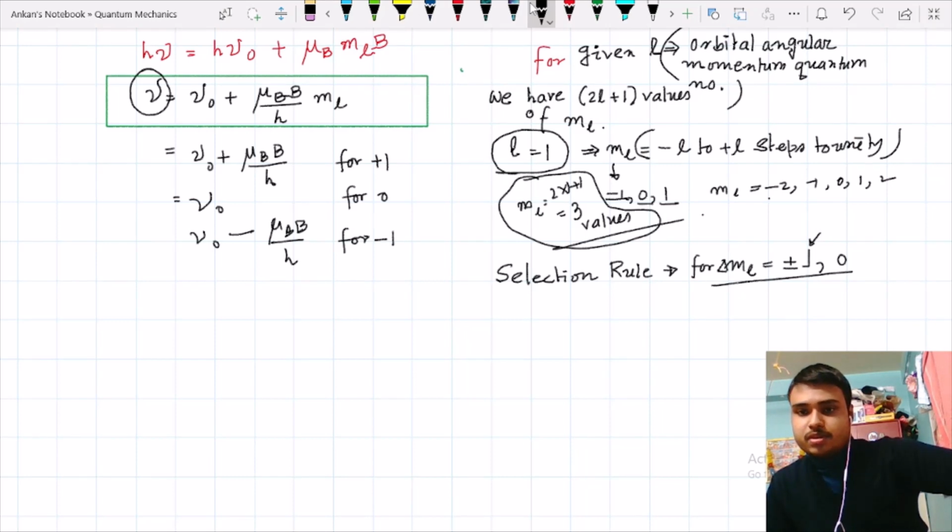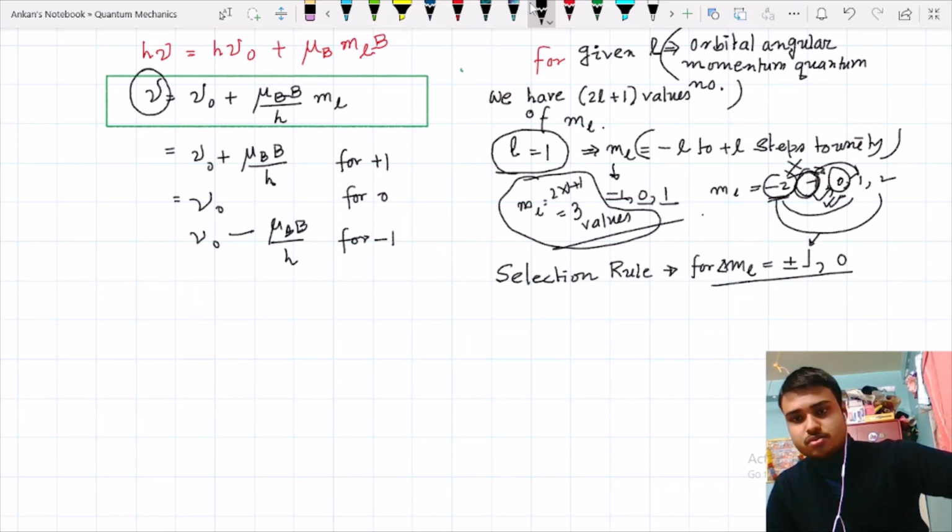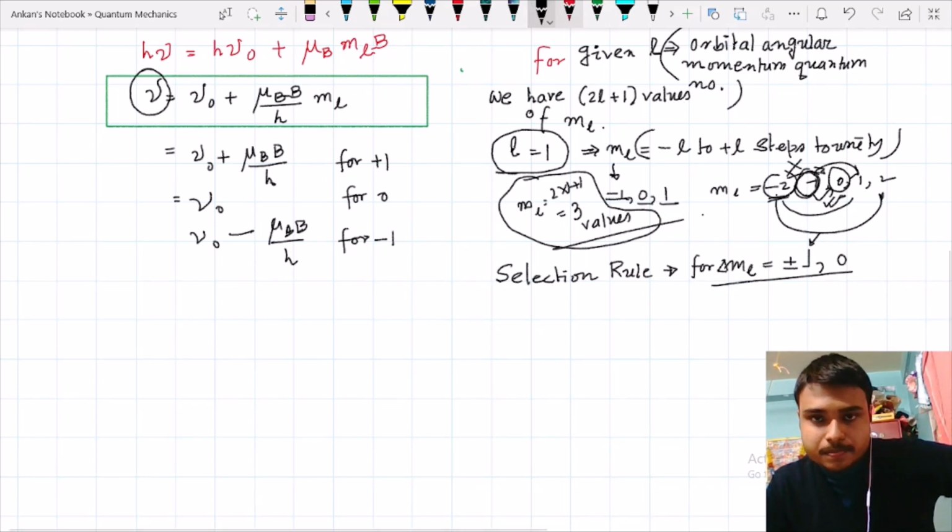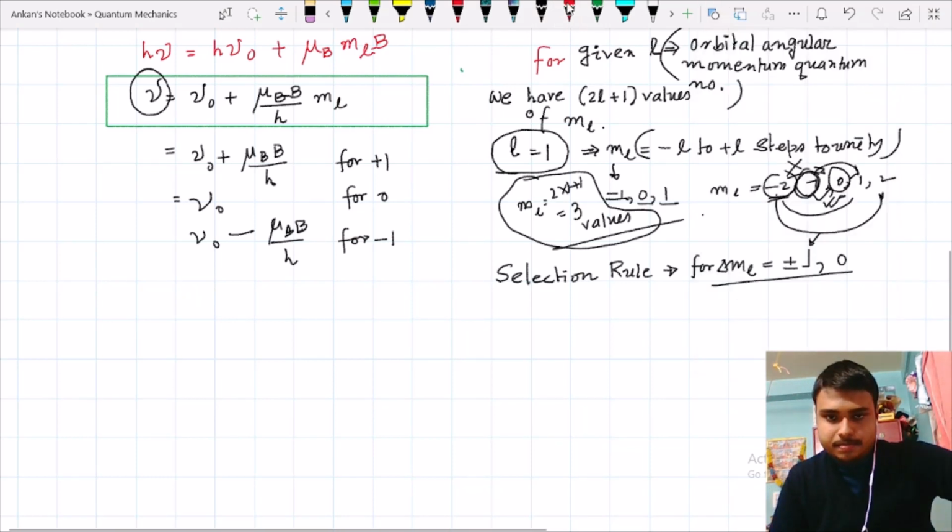If the difference between 2 ml values is, suppose, minus 2 and 0, there is a difference of 2 or minus 2, and this transition is not allowed. Whereas minus 1 to 0 is allowed, minus 1 to 1 is allowed, but minus 2 to 0 is not allowed, 2 to 0 is not allowed, but minus 2 to minus 1 is allowed. So these are the selection rules for ml.